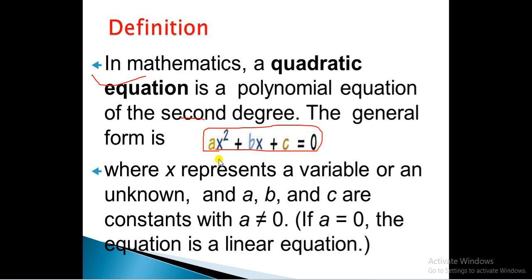This is the general form of quadratic equation where x represents the variable or an unknown quantity, and a, b and c are the constants with a not equal to 0. This we have discussed in the previous slide. That is, if a equals 0, it will form a linear equation. So these are the coefficients and x is the unknown.